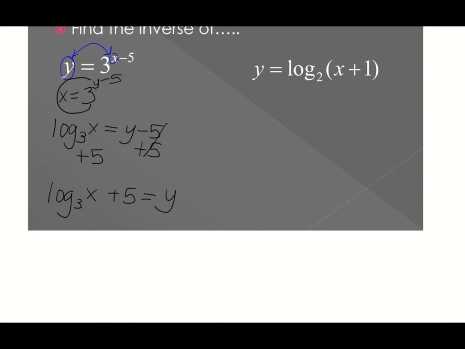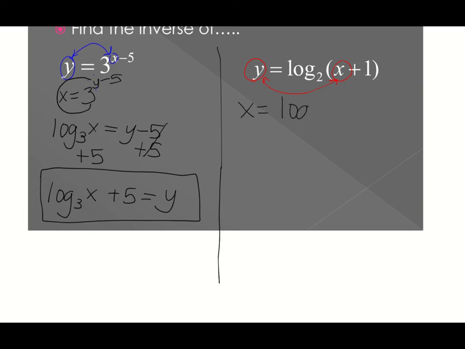So our original equation is y equals 3 to the x minus 5. We have an exponential, so its inverse is going to be a log, and its inverse is log base 3 of x plus 5. Then if we were to look at a log wanting to find the inverse, we know that our inverse should be an exponential. So we're going to start by switching x and y. When we switch x and y, we get x is equal to log base 2 of y plus 1.